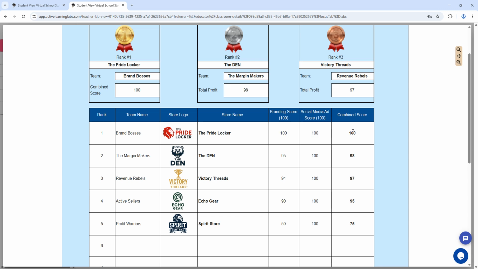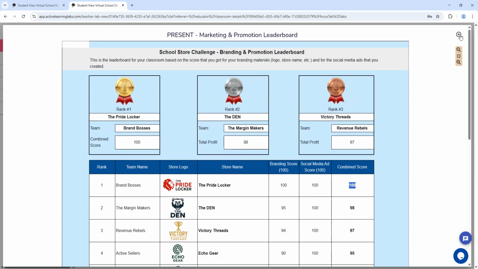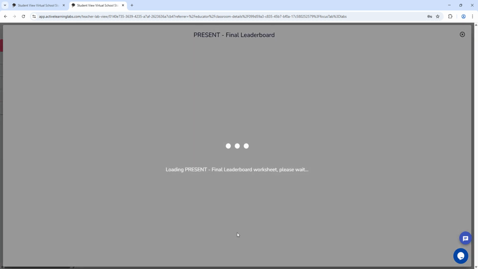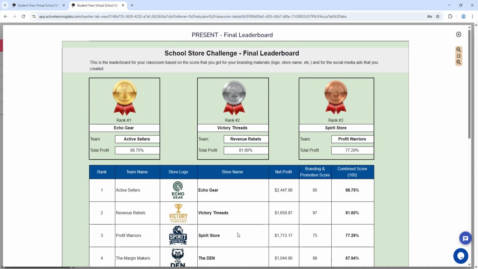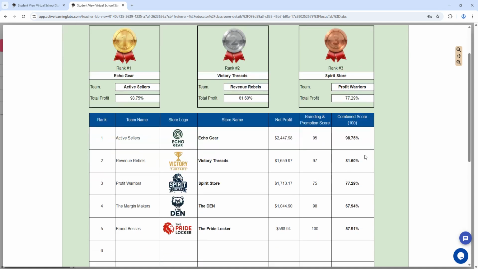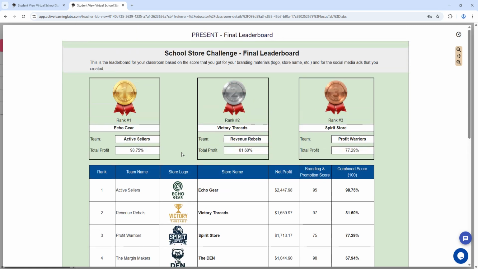These are the scores assigned by the teacher, and they're combined together to form a single score. Now there is a final leaderboard, which is a combination of the net profit leaderboard and the branding plus marketing leaderboard, showing which team won the overall challenge, who is the overall winner in this particular competition.